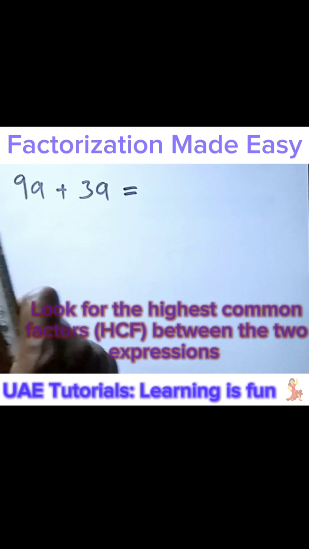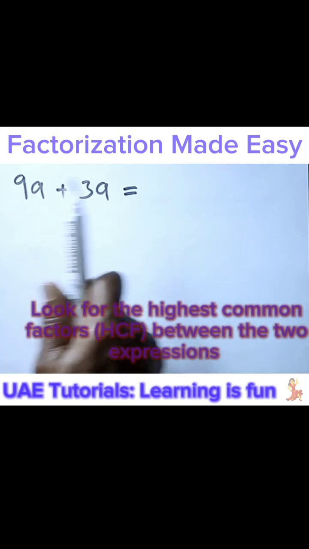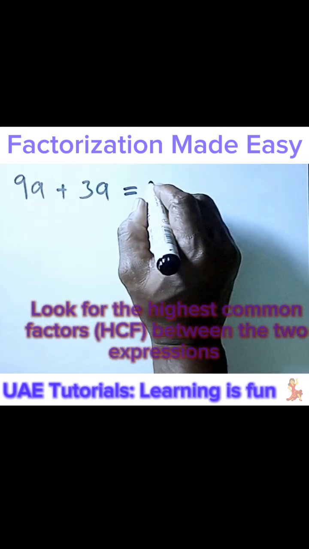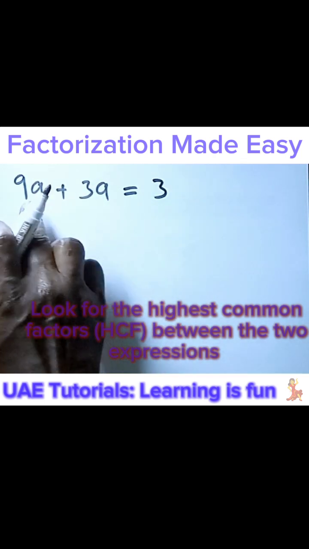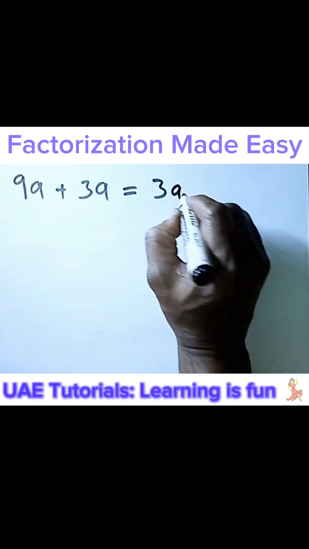Remember, what is common to them will divide both numbers without a remainder. So what's the common thing between 9 and 3? I know that 3 times 3 will give me 9. So 3 is common to both 3 and 9. And what is common to a and a here? That's a.